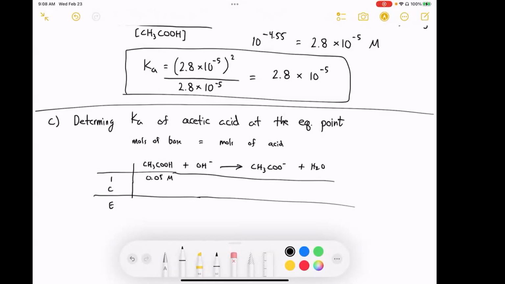So at the equivalence point, we added enough hydroxide to get to the equivalence point. So in this case, let's just say we've added enough for 0.05 molar. So when that reacts, the change is minus 0.05.